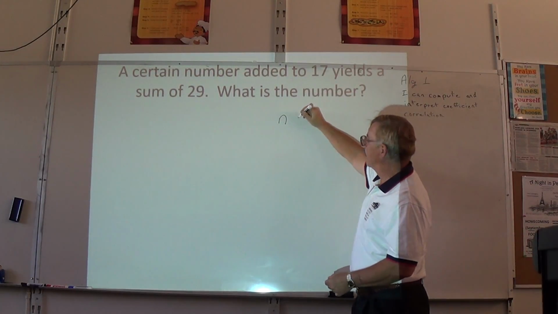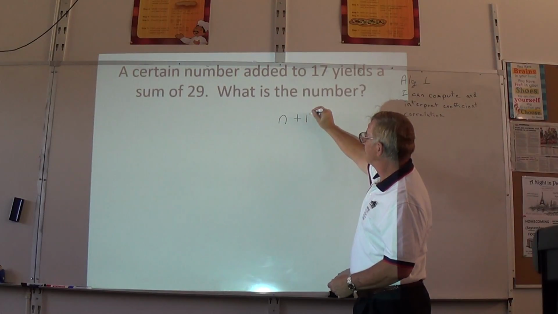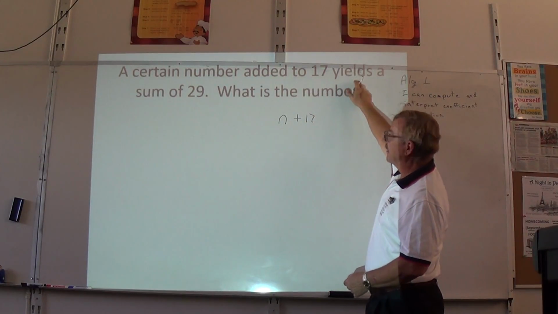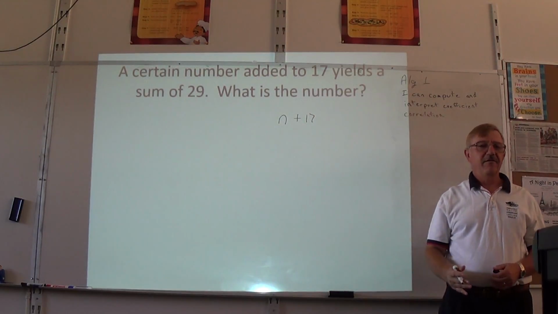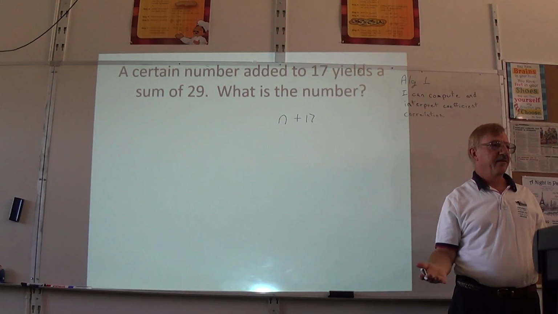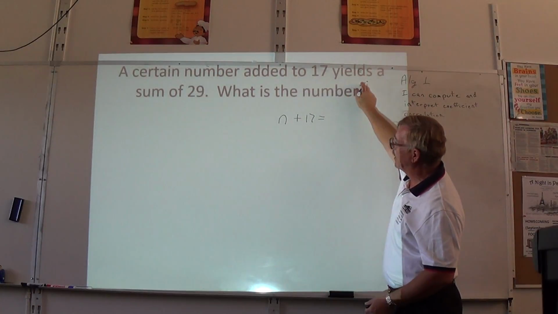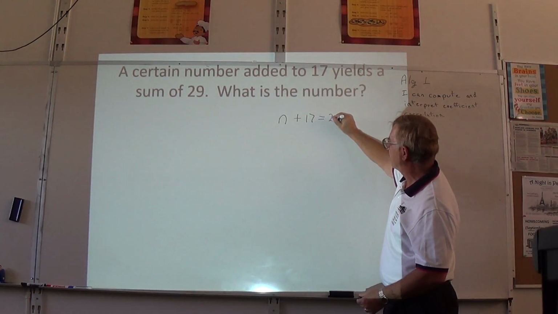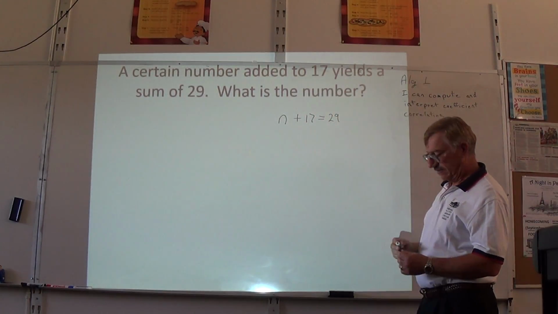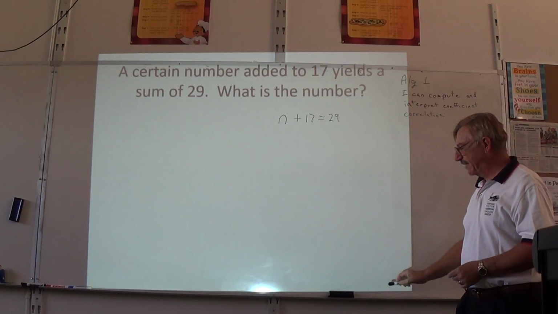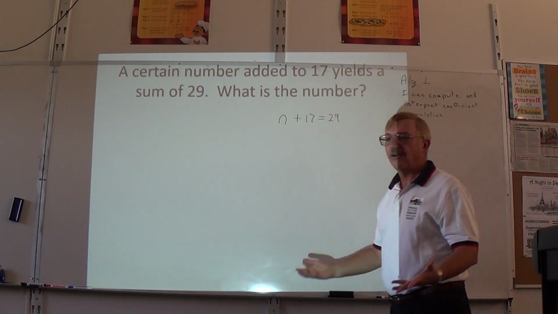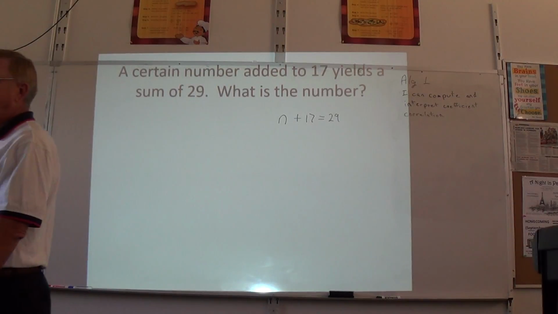We're going to add, so we're going to plus 17. And yields, what's yields mean? Equals. So n plus 17 yields 29. So n plus 17 equals 29, and then all we have to do is solve for n.